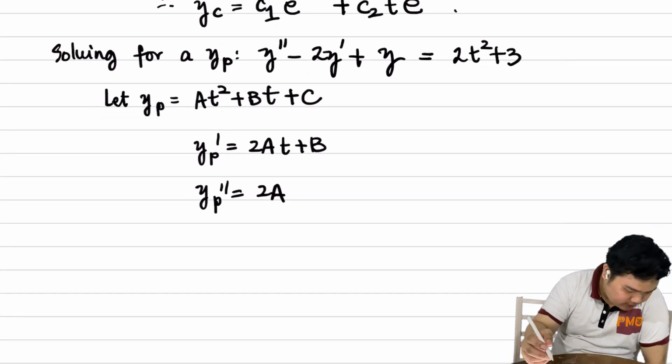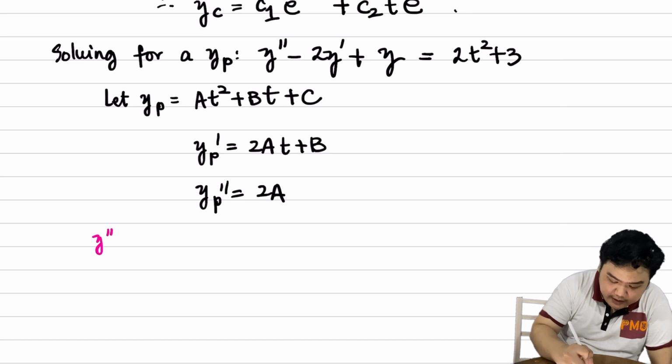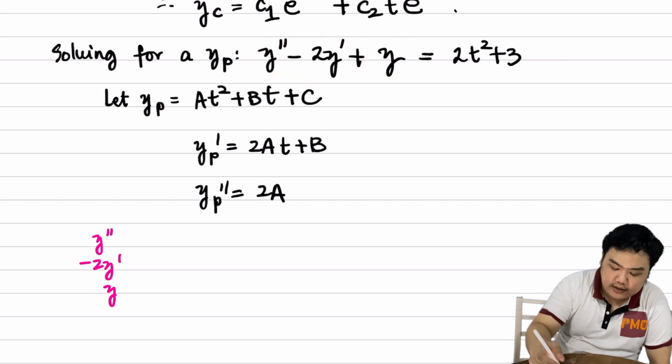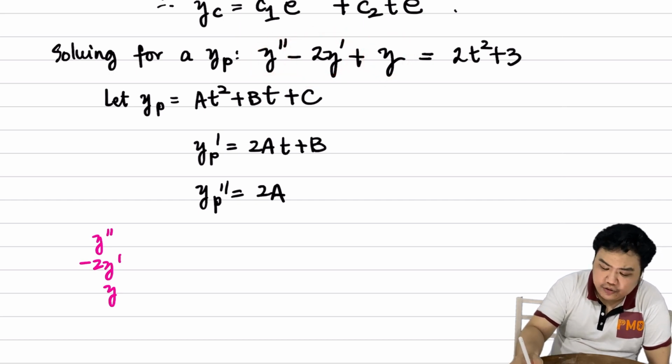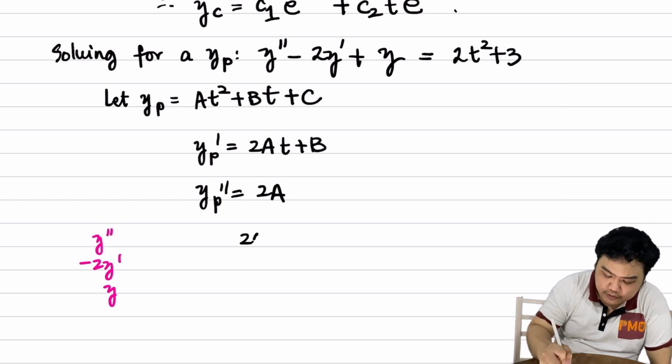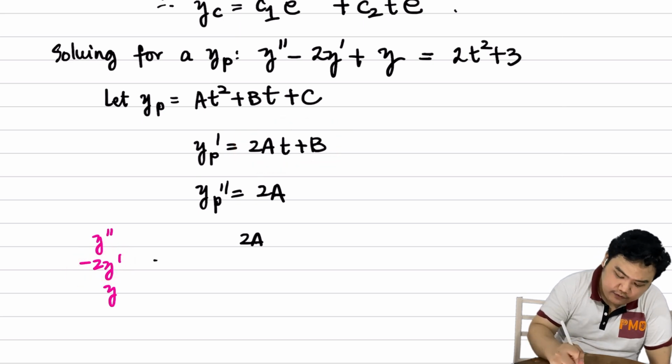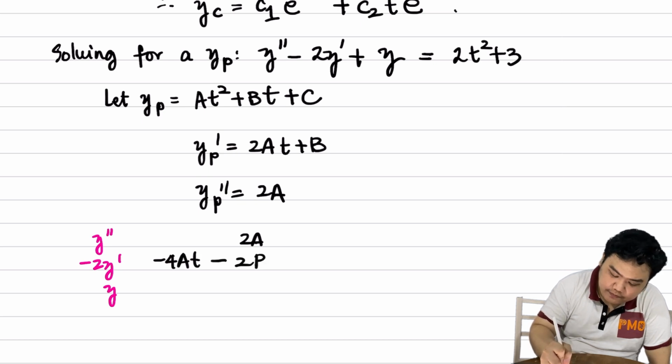Okay, let's do this. So gawin natin yung ginawa natin kanina, y prime prime, negative 2y prime, y. So, sinulat ko lang to vertically para kasi madaling i-align, no? So, what do we have here? We have y double prime, which is 2a. Negative 2y prime. So, you multiply this by negative 2, you get negative 4at minus 2b.